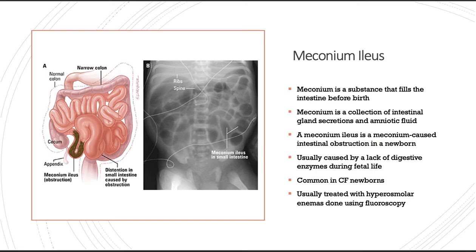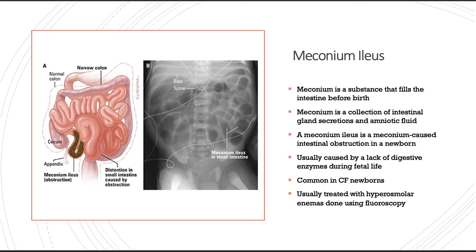Typically, when we see a meconium ileus, when the newborn is not passing the meconium stool, we're going to look for cystic fibrosis. A ton of babies who are born with CF have a meconium ileus, and that's because the digestive enzymes are super, super thick, and so not enough of them get into the intestines, and so they can't digest.